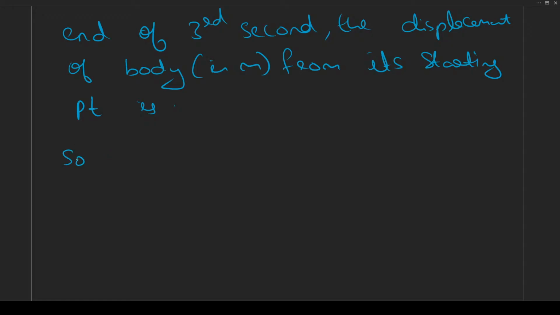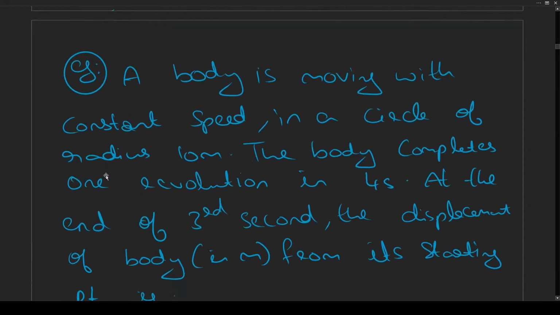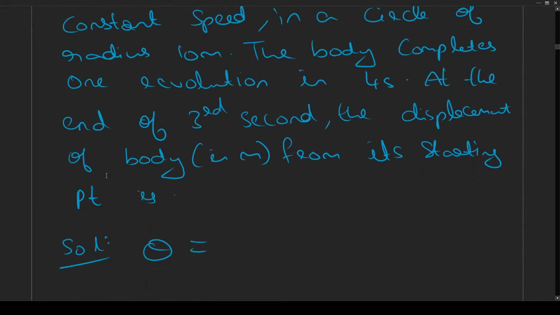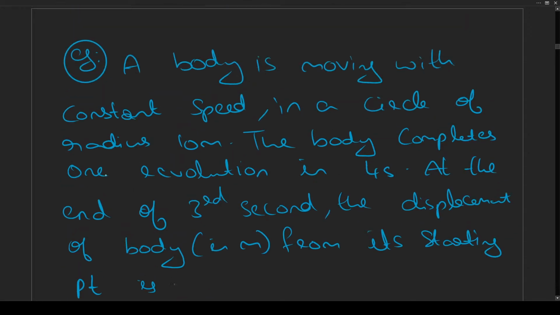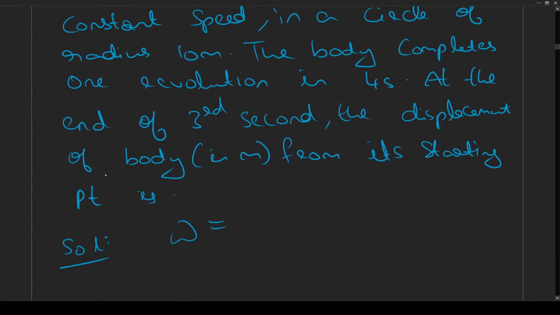Now solution: let's first see omega. A body is moving with constant speed in a circle of radius 10 meter.